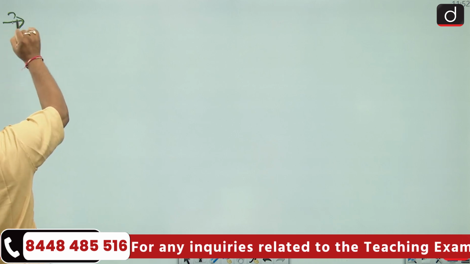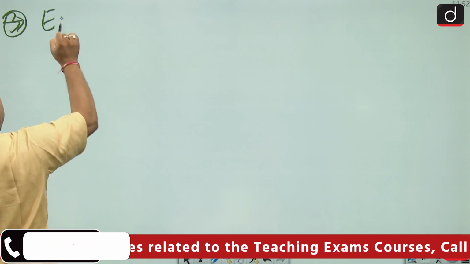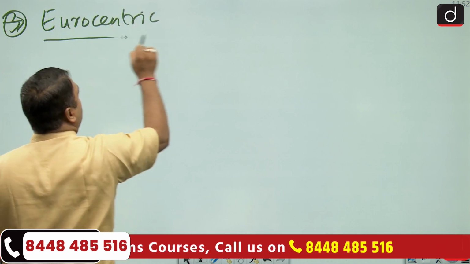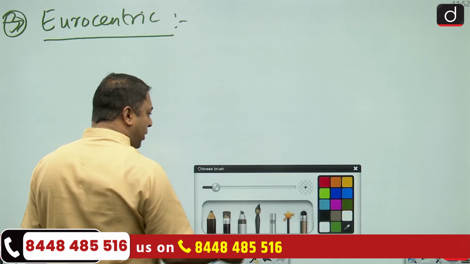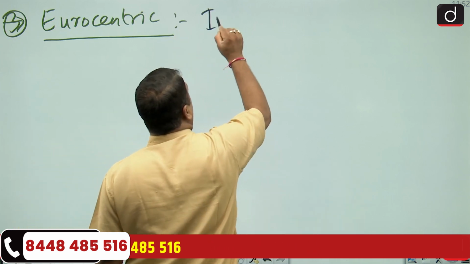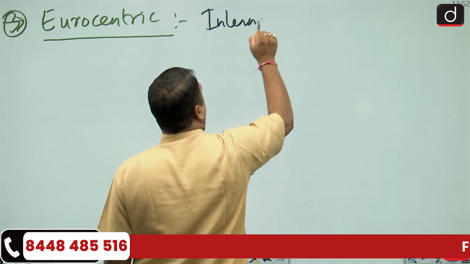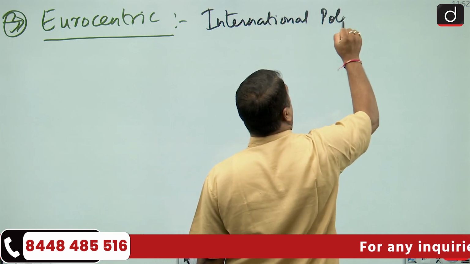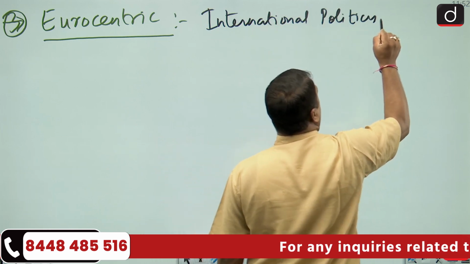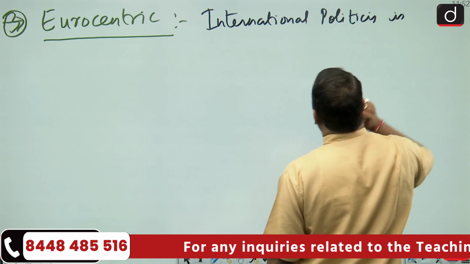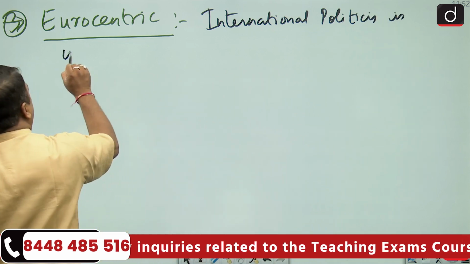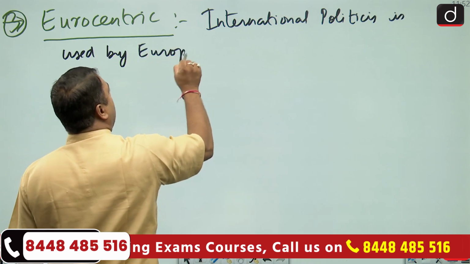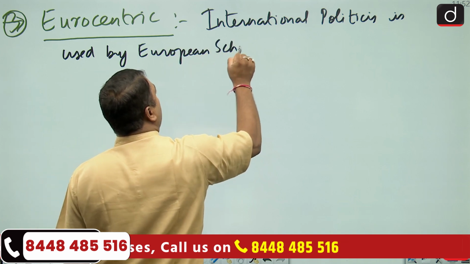थर्ड वन, it's Eurocentric. Eurocentric का मतलब international politics is used by European scholars.